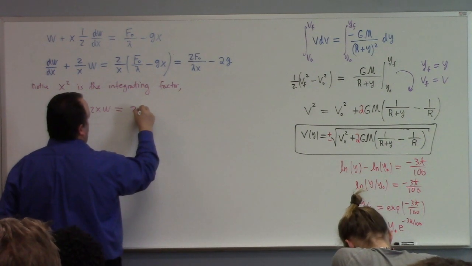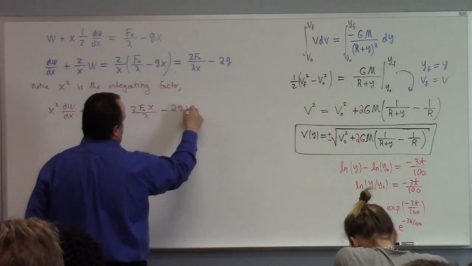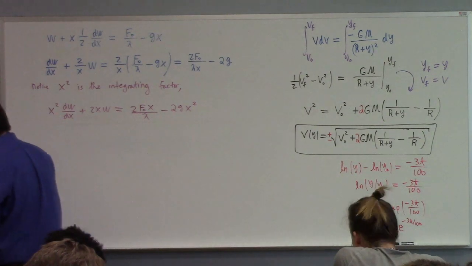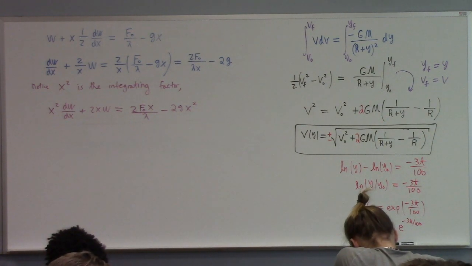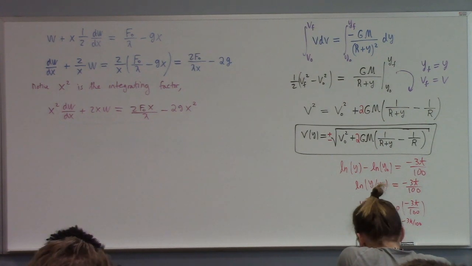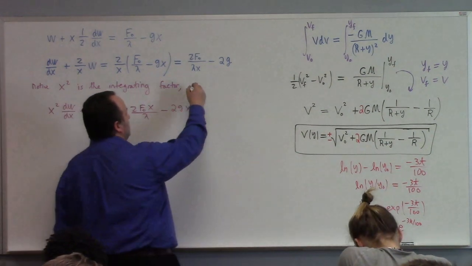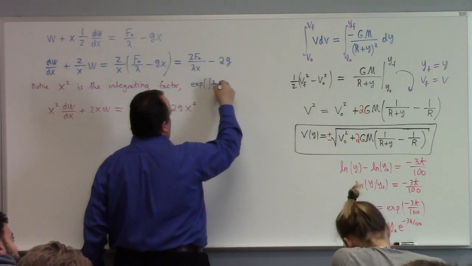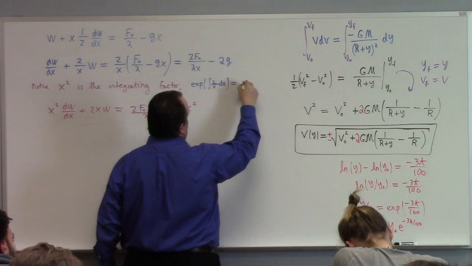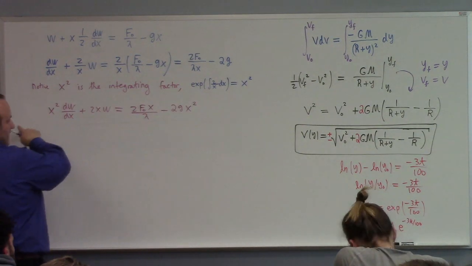So 2f naught x over lambda minus 2gx squared. So the integrating factor method, you have to integrate 2 over x. But the integral of 2 over x gives me twice the natural log of the absolute value of x inside an exponential, which is x squared. So that's why I multiplied by x squared.